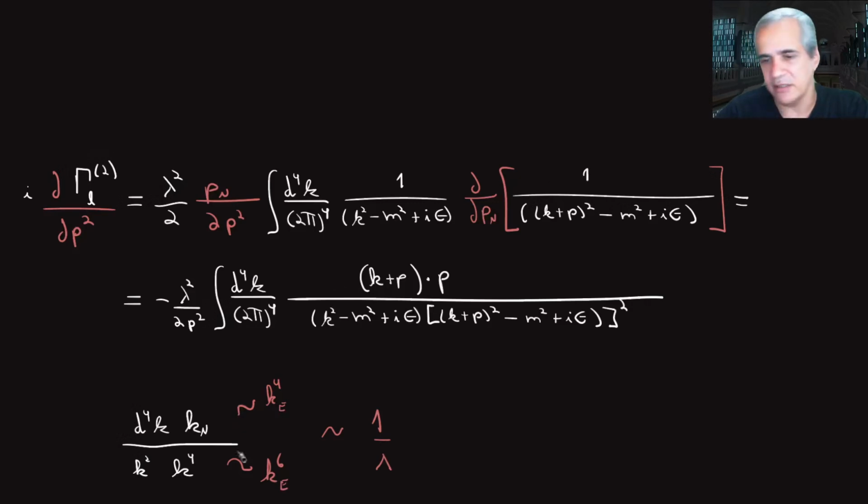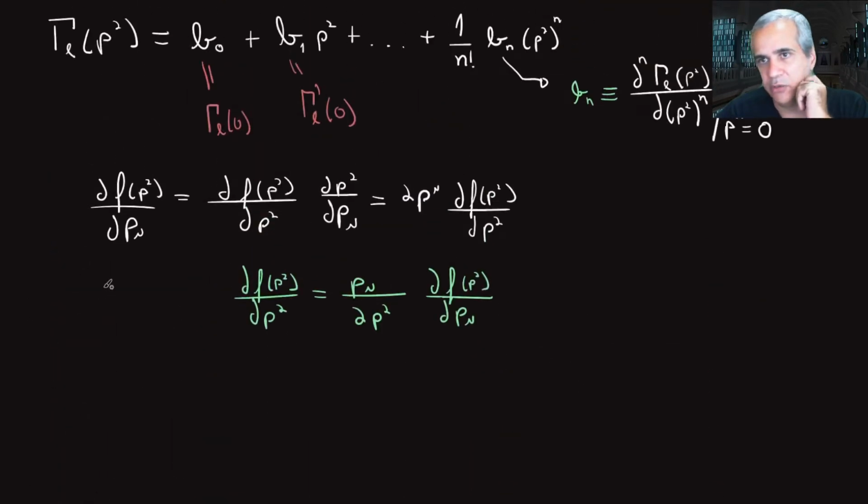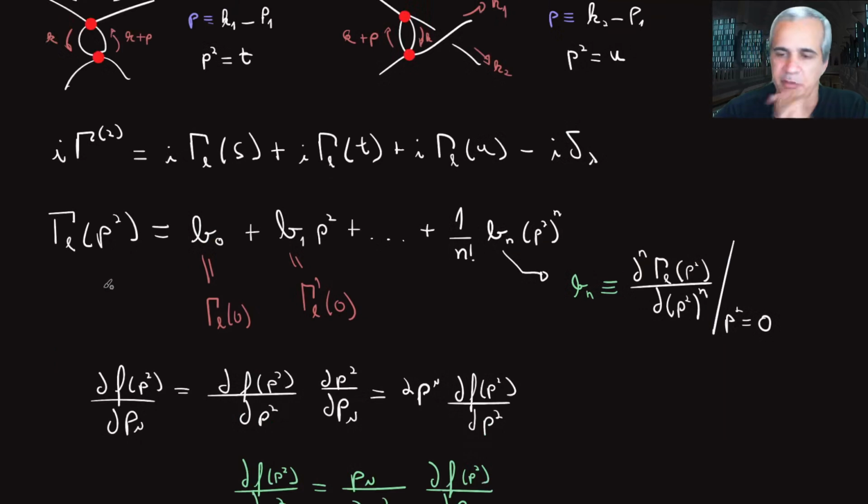That means, and this is just one derivative, so if I go back now to the Taylor expansion I was considering, I know that this guy diverges. This guy, I just saw that the very first derivative makes this finite.